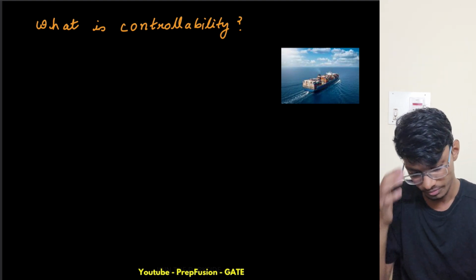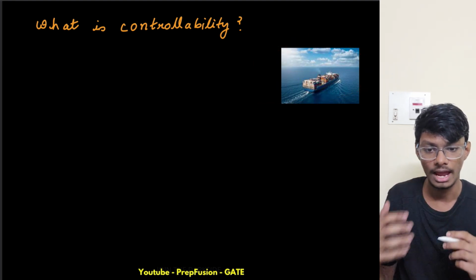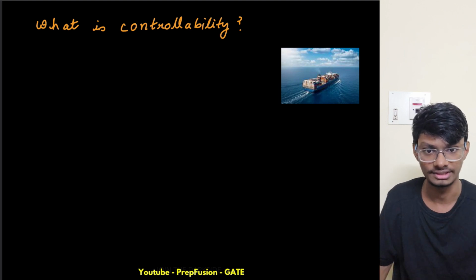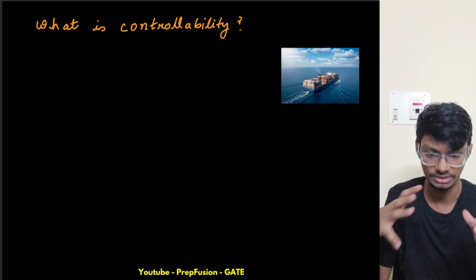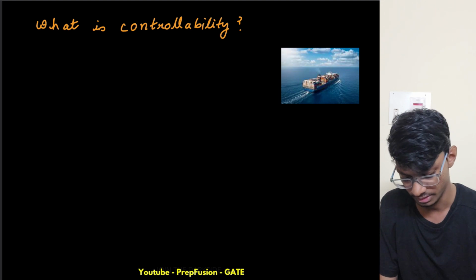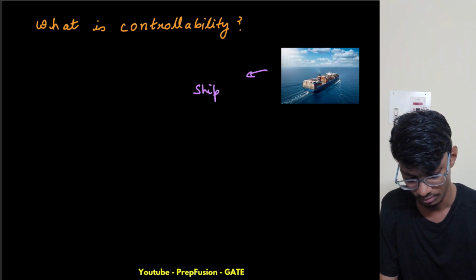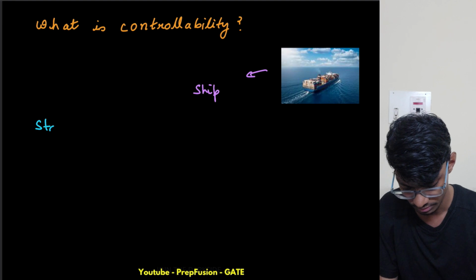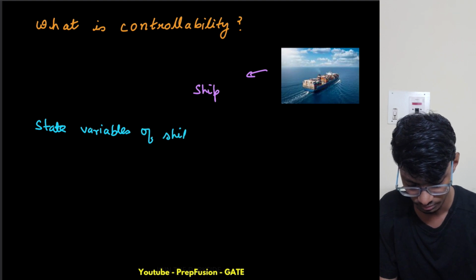Now let's assume that you are in a ship, and you are moving in the sea. Now tell me what state variables you might choose to define the state of the ship. Let me name this ship.